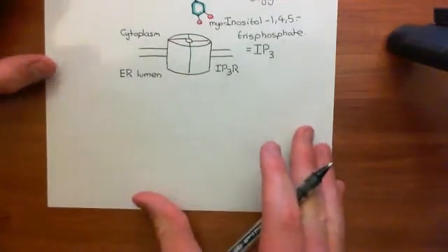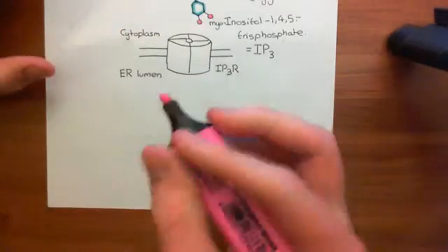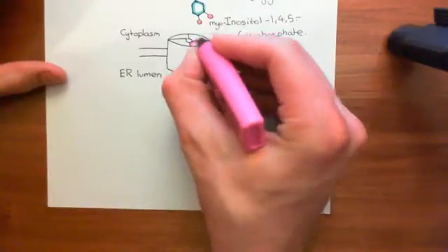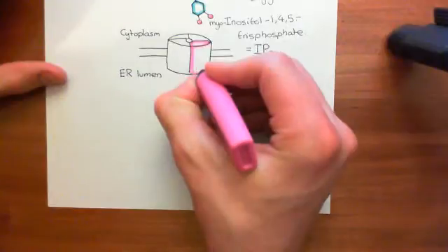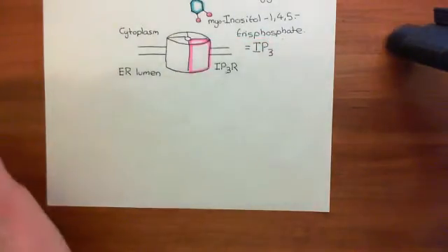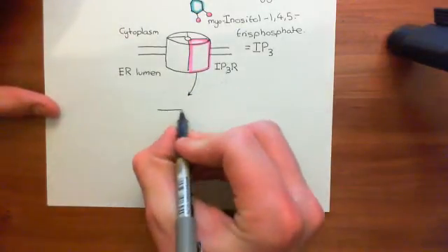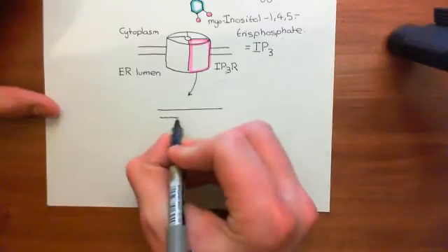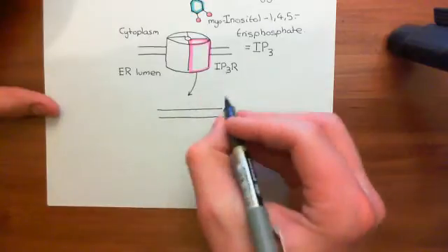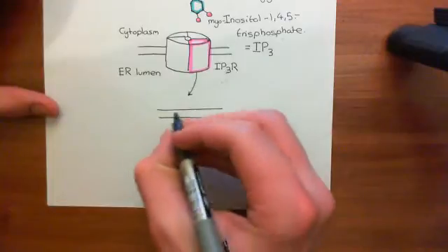Now, what I want to do is study the structure of one of these IP3 receptor subunits in a little bit more detail. I want to pull out this subunit that I've highlighted in pink and have a look at its membrane spanning topology. So again, I'm drawing the ER membrane here, a phospholipid bilayer, with this side representing the cytoplasmic side and this side the ER lumen side.